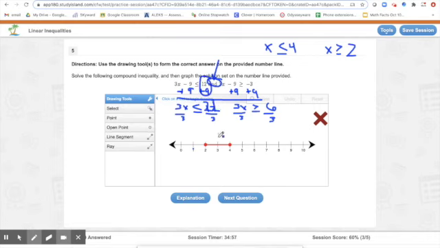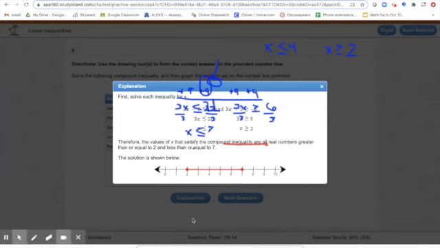I don't know why I put down 12, maybe a little dyslexia. So x is going to be less than or equal to 7, which means this should have gone out to here, and we would have shaded in between like that. And if I look at the explanation, that's exactly what it's going to tell us. My mistake. I'm human. Moving on.